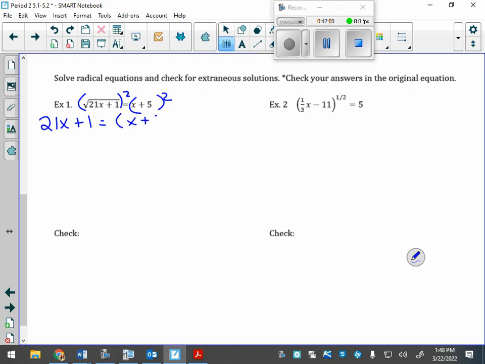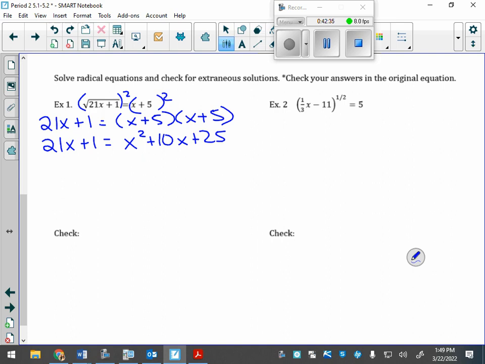Good. So this is, remember, you have a binomial squared, which expands out. Okay? So it's x plus 5 times x plus 5. So you have 21x plus 1 equals x squared plus 10x plus 25. Now, in order to find solutions, we have that quadratic there, meaning x squared.